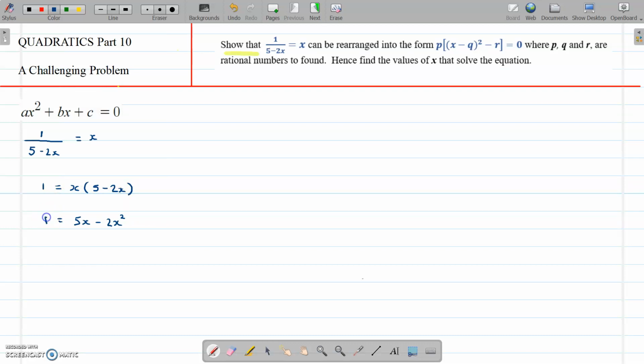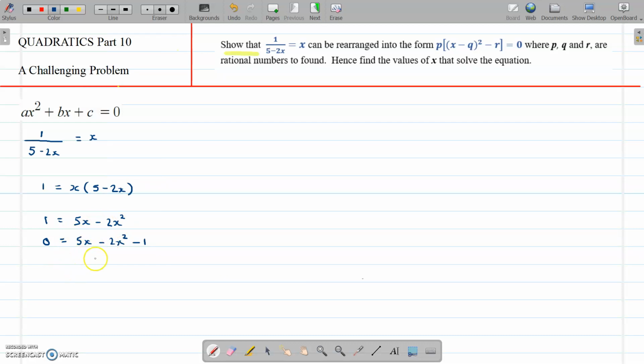Because what I can do now, of course, is I could take away 1 from both sides and have 0 equals 5x minus 2x squared minus 1. All right. Now, it's preferable to have a positive x squared term.